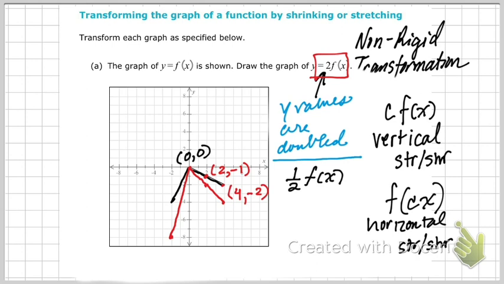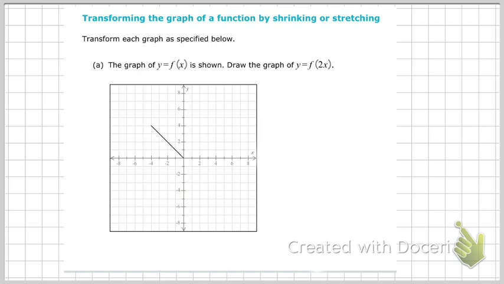Okay, let's go ahead and look at the other case, f of cx. All right, so here I've got f of 2x.